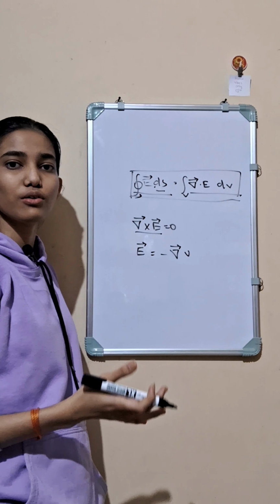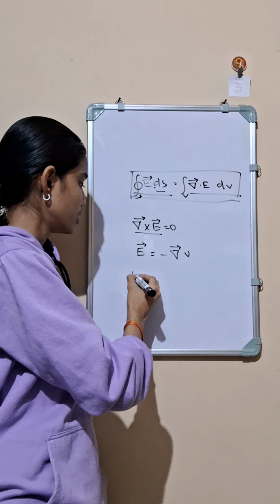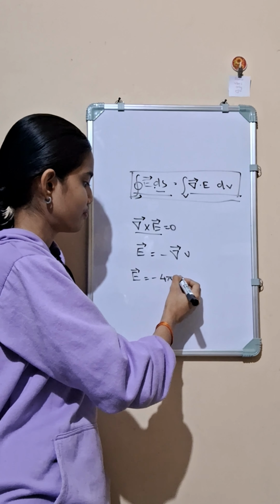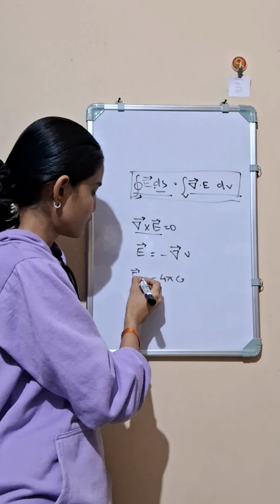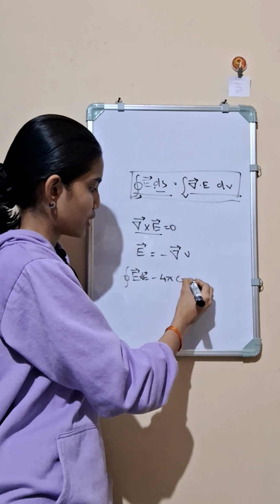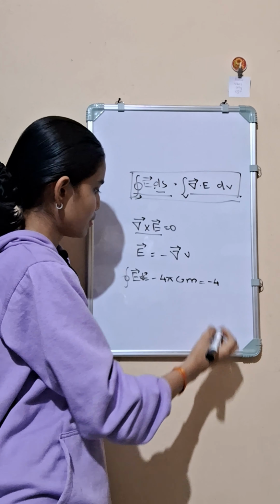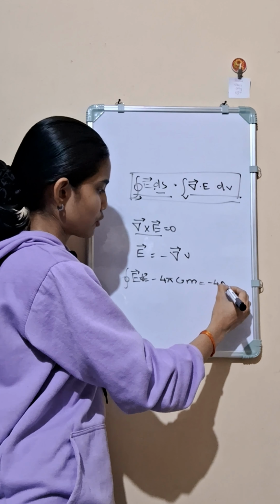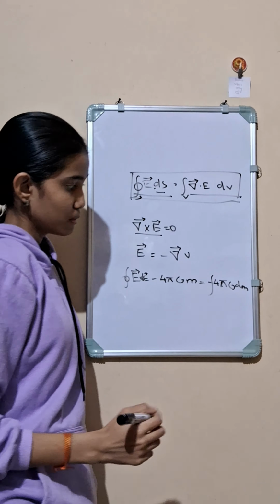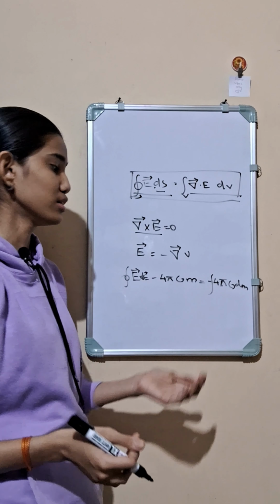From the previous Gauss theorem on gravitation, we found that the closed surface integral of the field E dot dS is equal to minus 4 pi GM. You can write it as the integral of minus 4 pi G dm, because we are integrating mass to find the total mass.